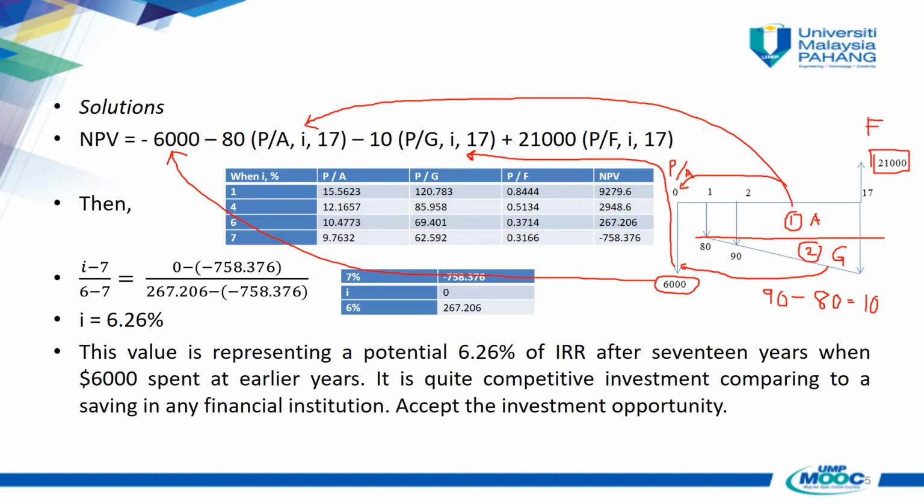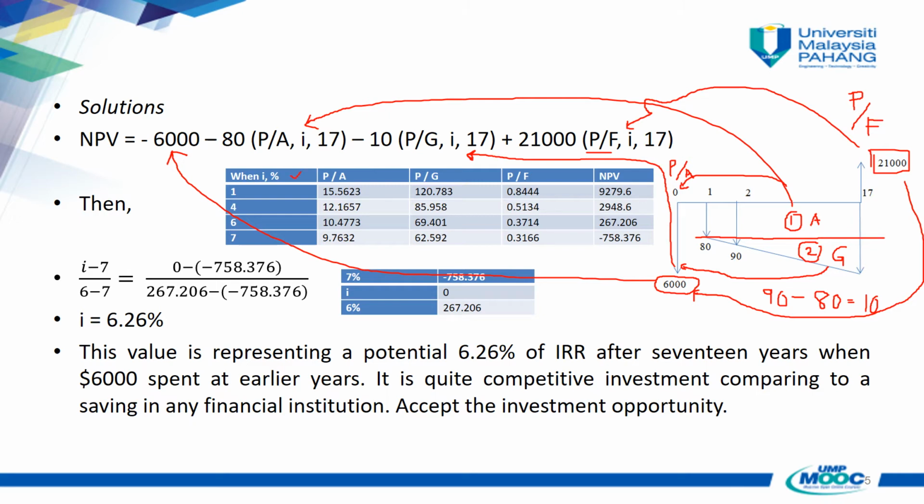So if you want to convert this to present value, we call that finding P when you know the F. Alright, and then insert it inside our NPV equation. Alright, 21,000 multiplied by finding P when you know the F. Alright, once we have this understanding of the equation, we need to construct our table.